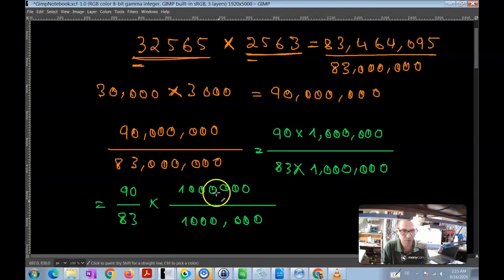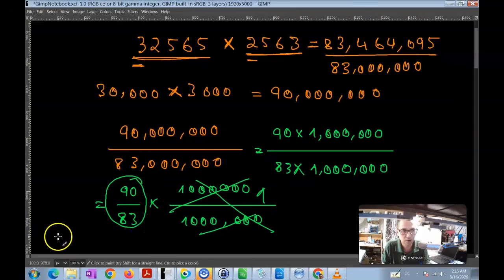Any number divided by itself is just equal to 1, so you can cancel them together. The whole thing just becomes 1. So 90 million divided by 83 million is just 90 divided by 83, right?